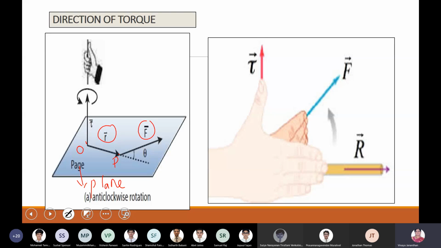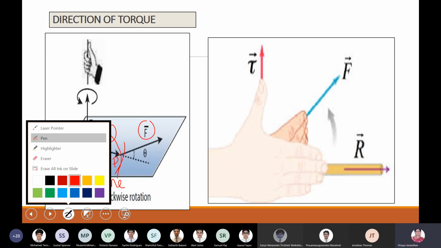So a force is being applied. This is neither a horizontal force nor a perpendicular force. It is a force which makes an angle theta with the direction of the position of the particle. This force will make the particle move along a circular path, or rotate about this axis.